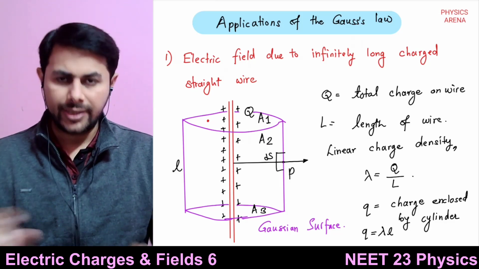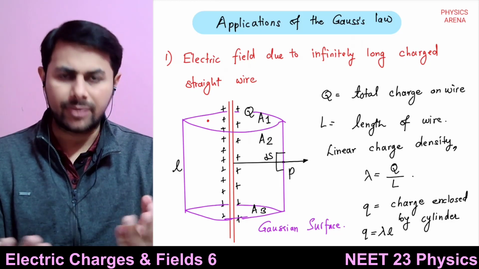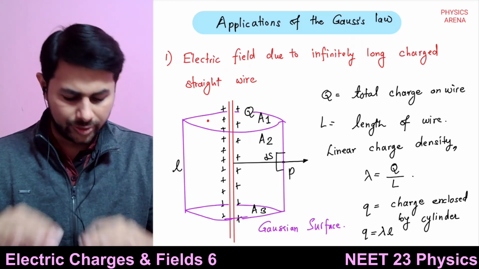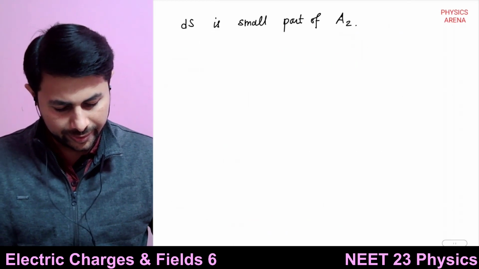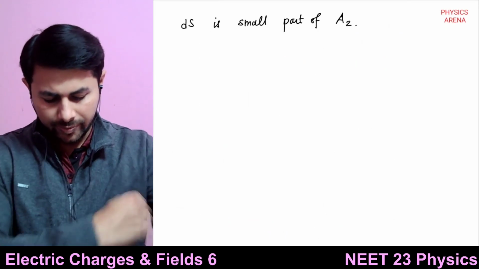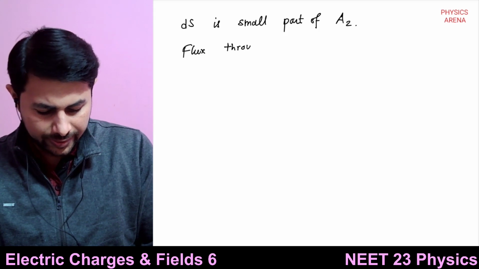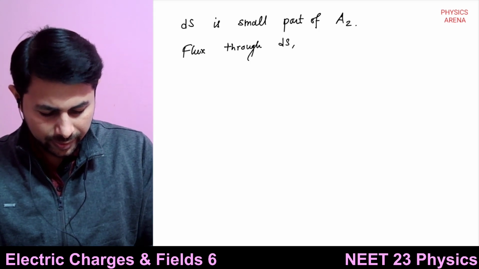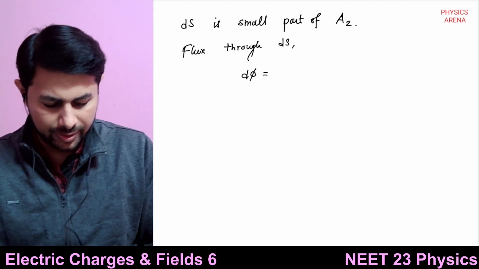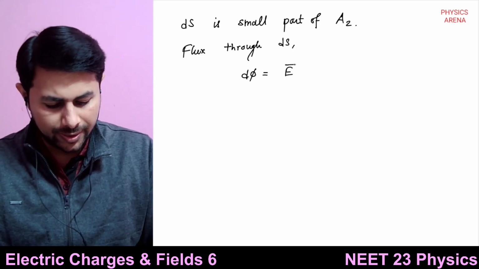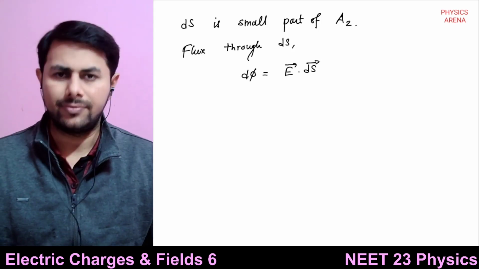So ds is a small part of the curved surface 2 whose area is A2. The flux through ds, let's call it d phi, is equal to E bar dot ds bar.